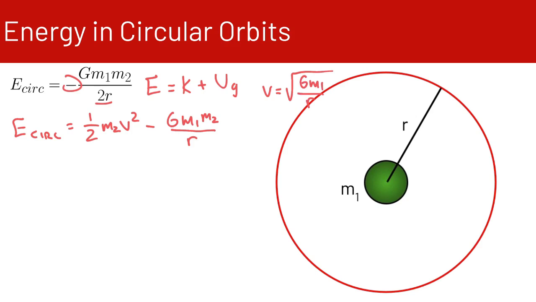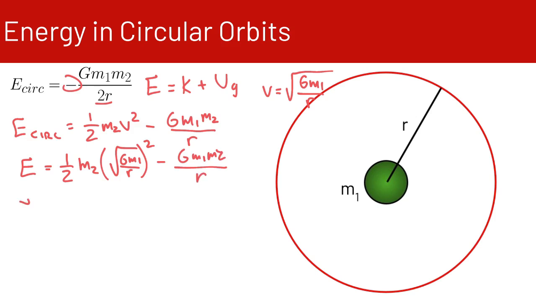So placing that back in this equation, we have E is equal to 1/2 m2 times G m1 over r, minus G m1 m2 over r.